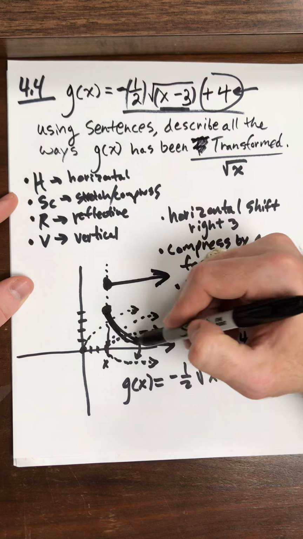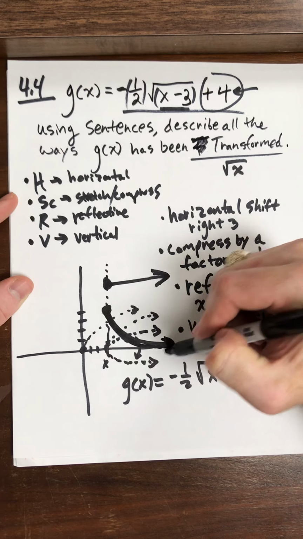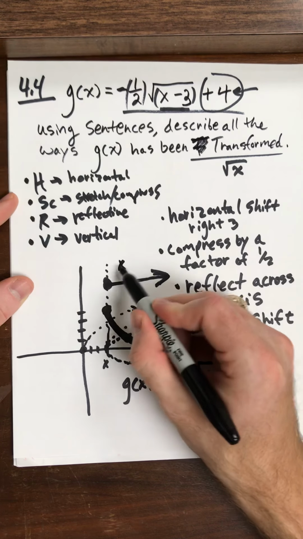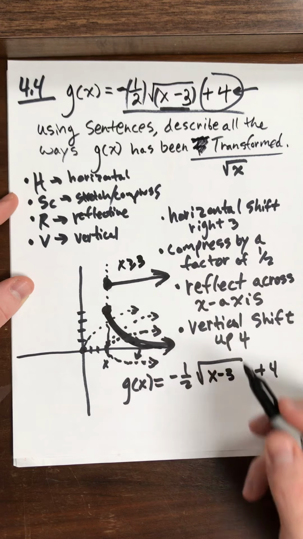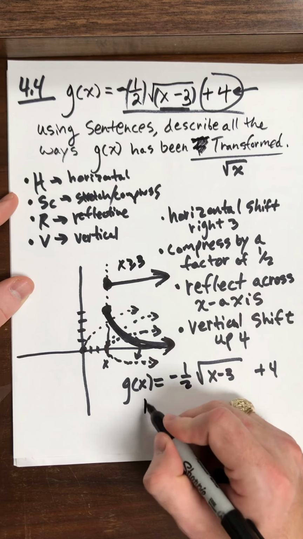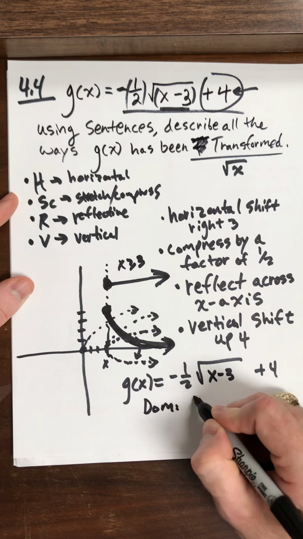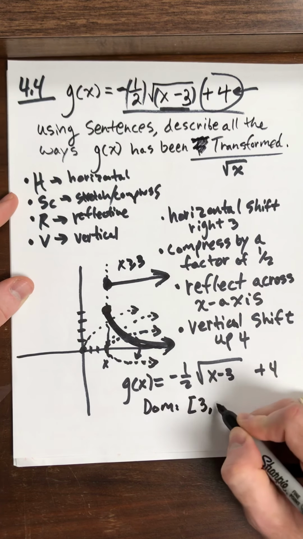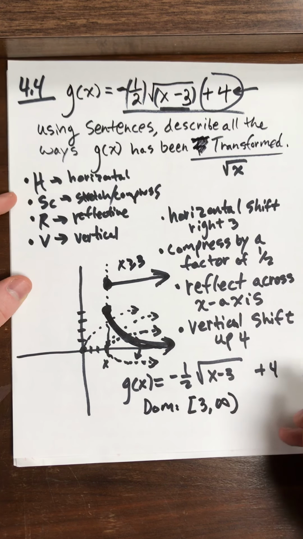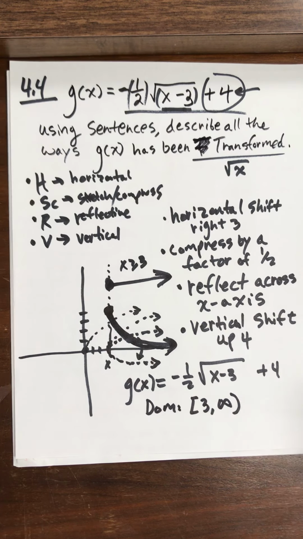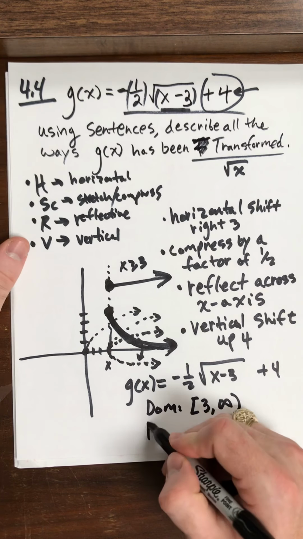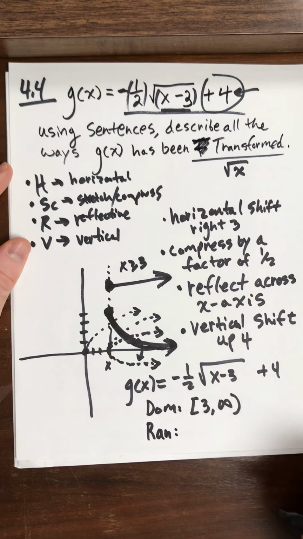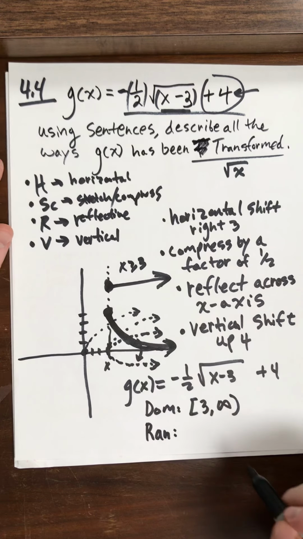This graph, everything to the right. So x greater than or equal to 3. In interval notation, the domain is bracket 3, infinity. Now if I wanted the range, okay, the range, these are my y values, okay, domain's the x values.